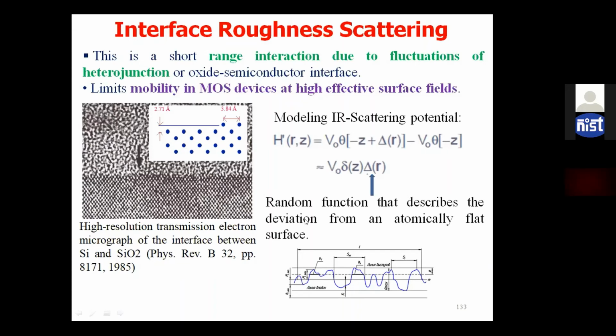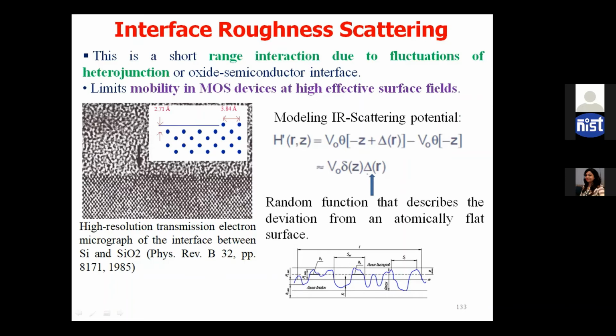That means from the flat surface, let there be a deviation delta R. So this H is the potential. So that potential can be obtained due to this IR scattering. The barrier height times theta function of minus Z plus delta, minus V0 theta of minus Z. That means that can be expressed as V0 delta of Z times delta R.